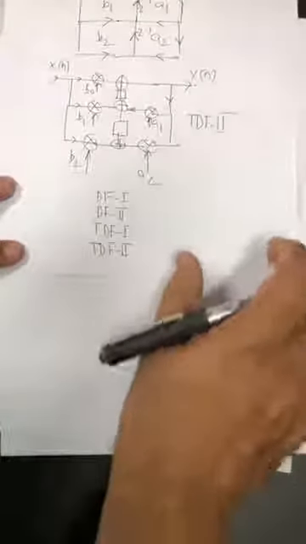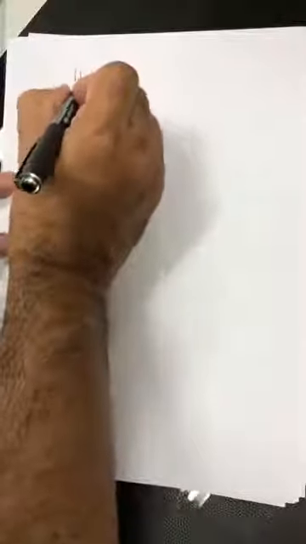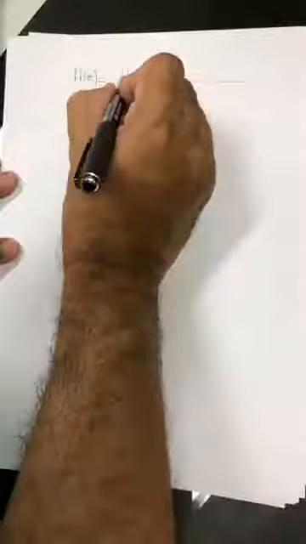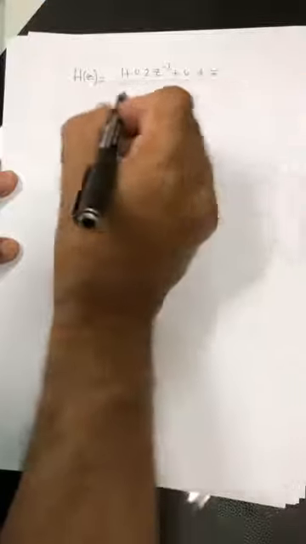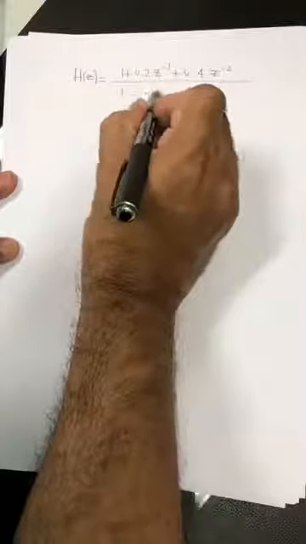Okay, so a typical question in the exam will look like this. A typical example: you may get a transfer function. Dr. Ali has solved some of these, and you say this is the transfer function: 1 plus 0.2 z inverse plus 0.4 z minus 2, over 1 minus 0.6 z inverse plus 0.9 z minus 2.